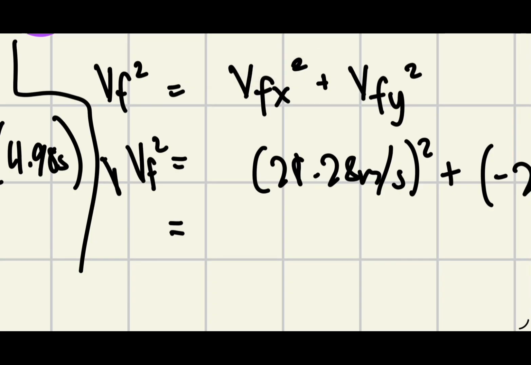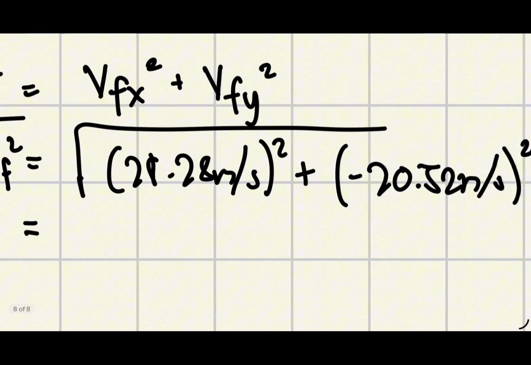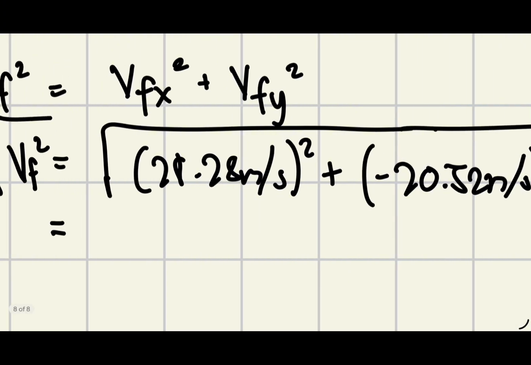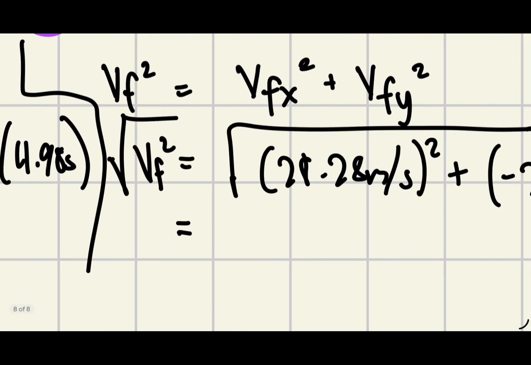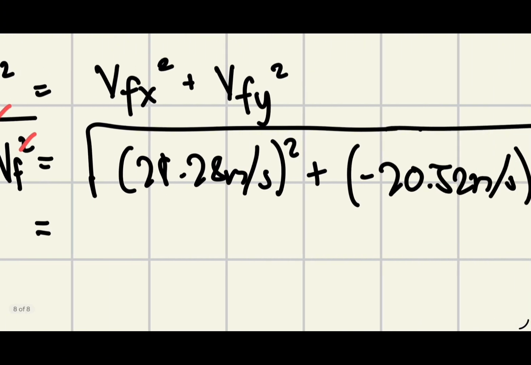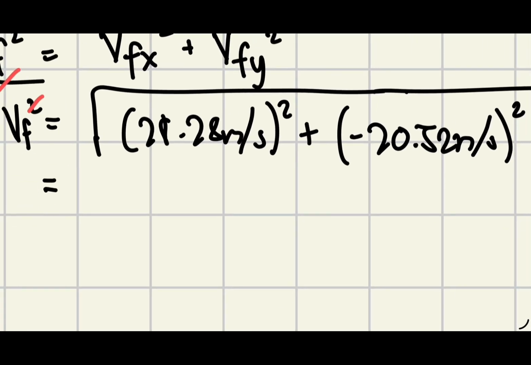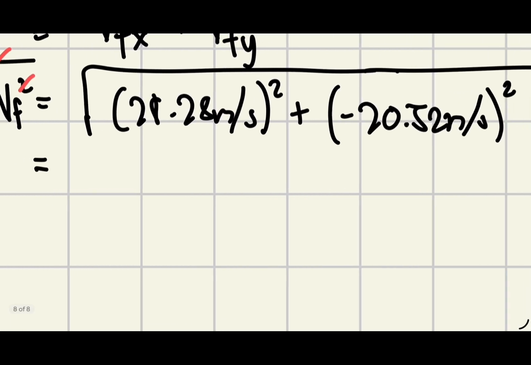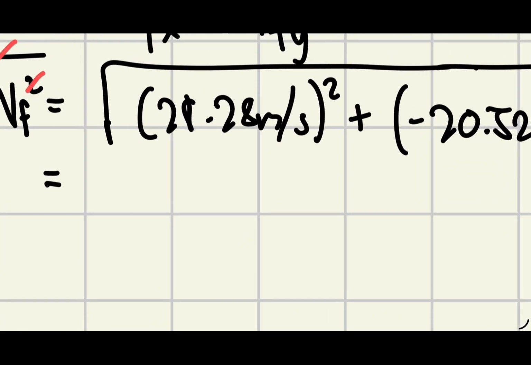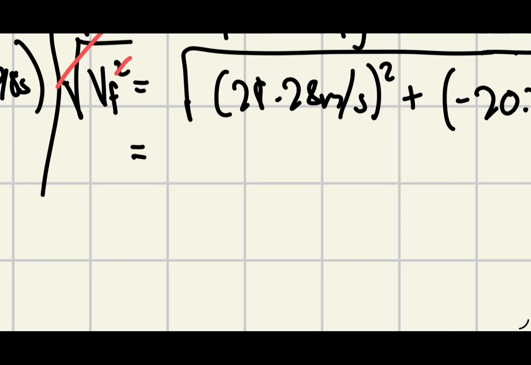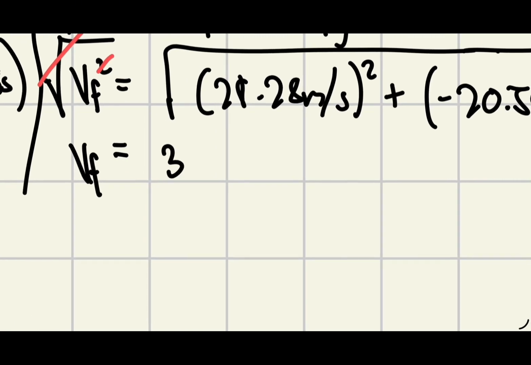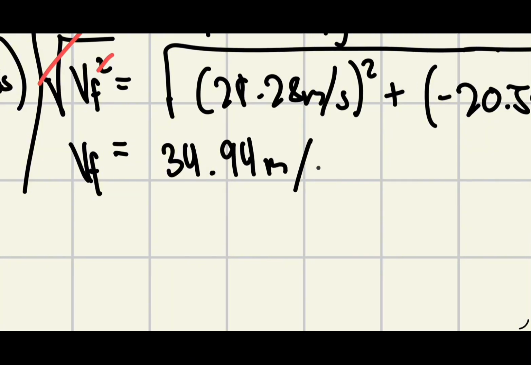So we square root both sides. So this cancels, and then we are left with solving what's inside this radical. If you put it in our calculator, this is just equivalent to 34.94 meters per second.